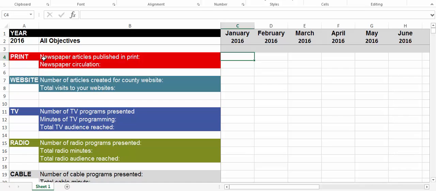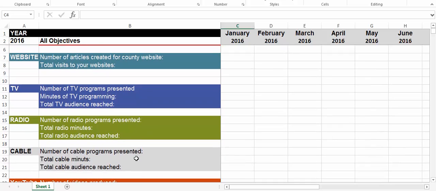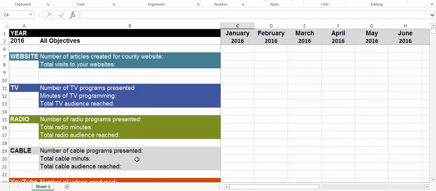So print objectives and newspaper articles published, newspaper circulation, website, the number of articles created for our county website, including total visits to our websites, TV, number of TV programs presented, and minutes of the TV programming, and total TV audience reached, and radio, number of radio programs presented, and total radio minutes, total radio audience reached.